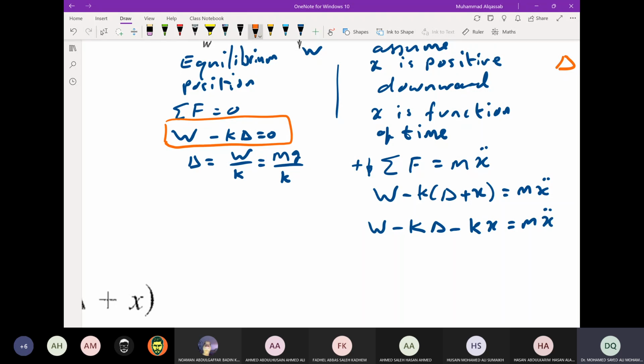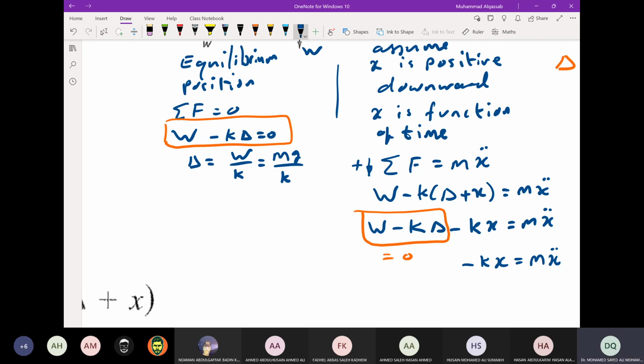So you can see that the static equilibrium equation is appearing again. Now, W minus K delta equal to 0, there is no time here. So this is always 0. So you can remove these two terms and get, as a result, minus Kx equal to m x double dot.